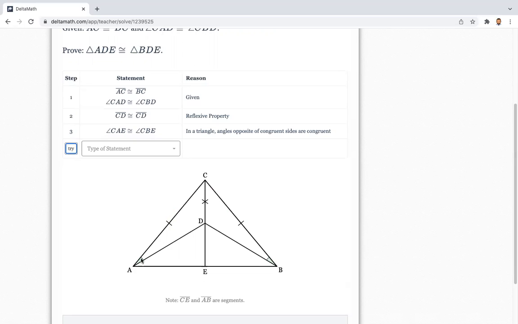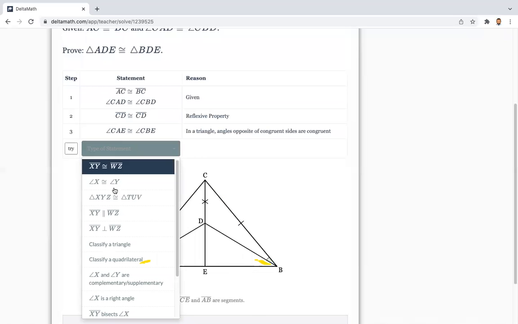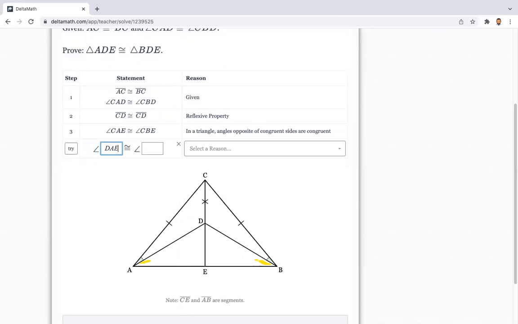There'll be another angle, side, side. Oh, that should mean that our little one is isosceles too then. So I should be able to say that this angle is congruent to this angle because of subtraction. So I should be able to say that DAE is congruent to DBE, because if I subtract the whole angle, like this angle A minus this piece, and angle B minus this piece, that should work.